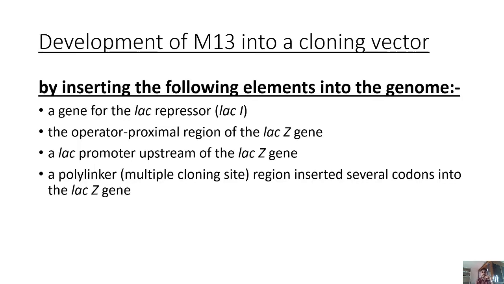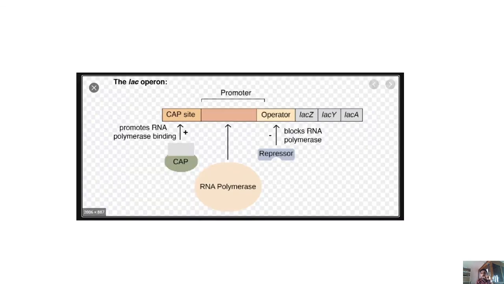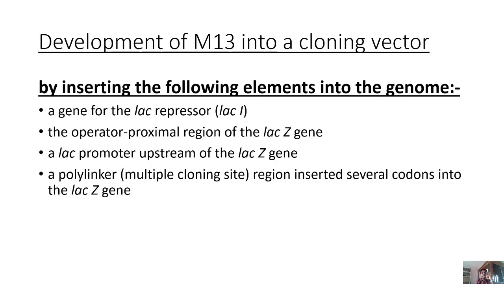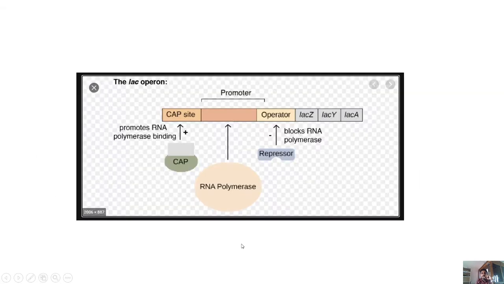Okay, coming back to this slide, I have already said that if you want to impart lacZ properties to a vector, you need to introduce these three segments. One is an operator proximal region of lacZ.